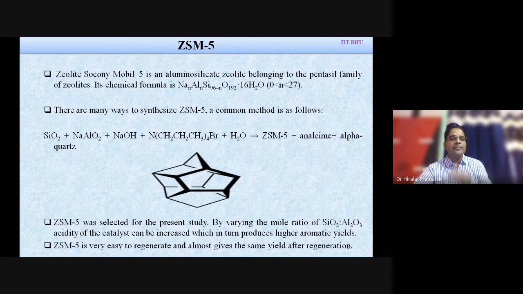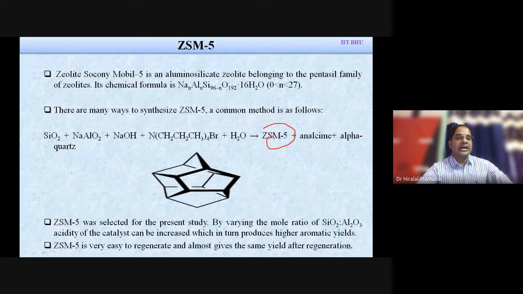So for ZSM5, the synthesis method, I have the chemicals, only the reaction I have shown here. ZSM5 is the product of silica, sodium aluminate, sodium hydroxide, and this fourth one. Okay, if you combine them, then you can have ZSM5. But the main problem with this sodium is that it is basically sodium ZSM, it is called alkaline.